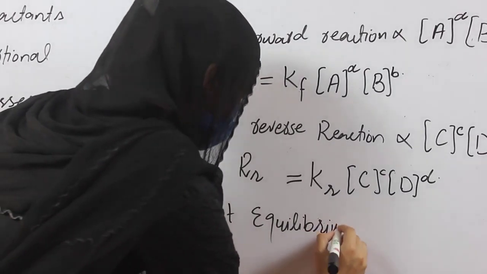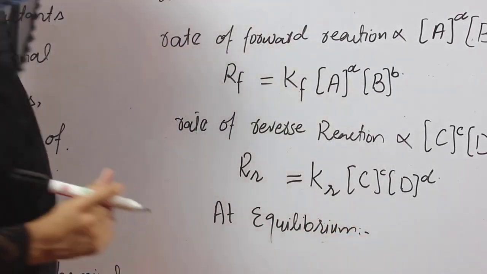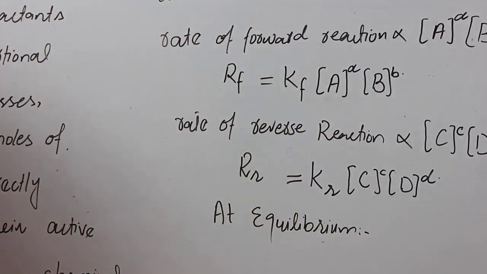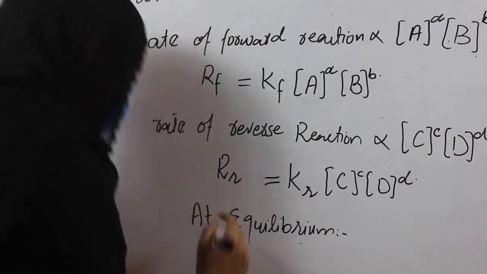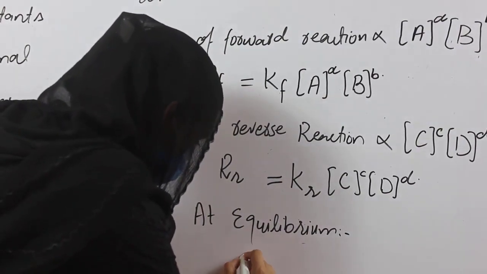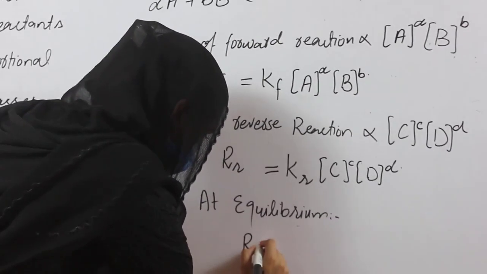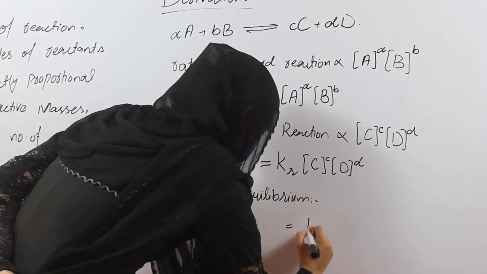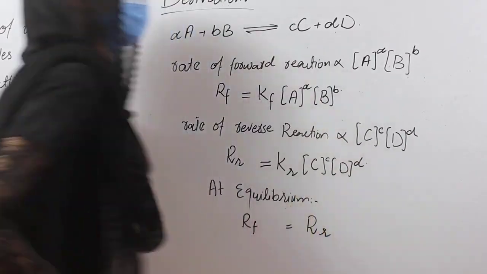Means if we are given equilibrium conditions, then how do they all occur? In equilibrium condition, if you remember, the rate of forward reaction is equal to the rate of reverse reaction.